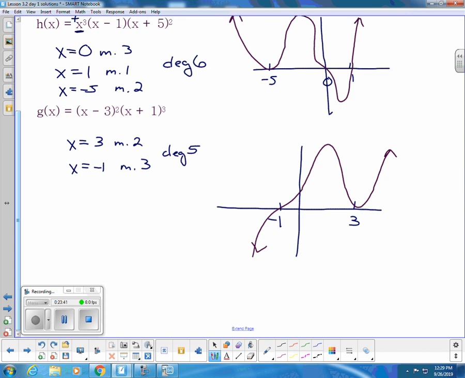Okay? Make sense? So you need to know if it's a bounce, a jog, or a cross. Your end behavior, huge. We're going to talk about y-intercepts. You could do the sign chart, which we'll do.